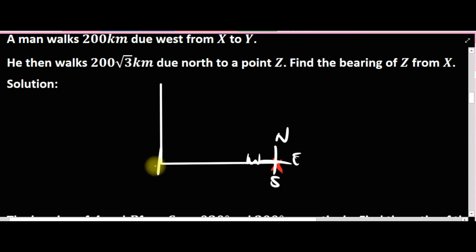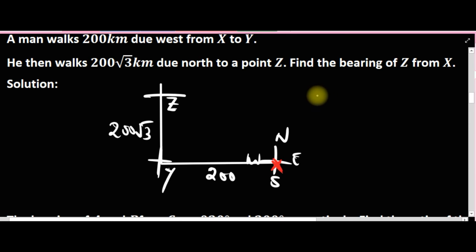This is our point Y, and this is our point Z. From X to Y is 200, and from Y to Z is 200 root 3.